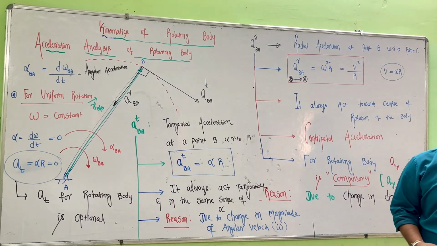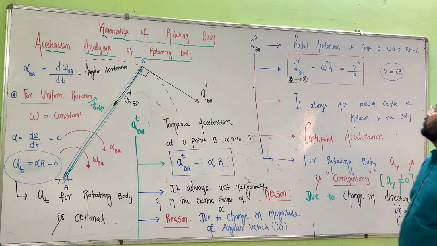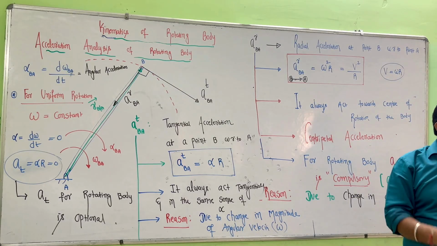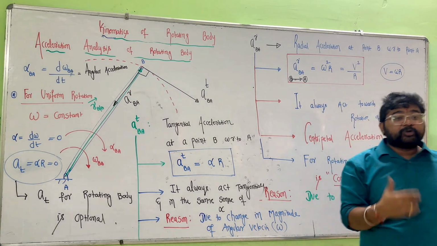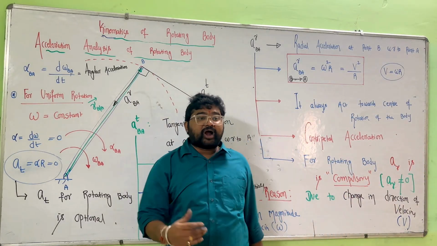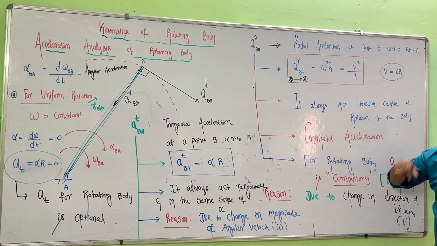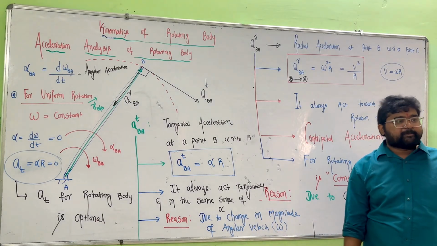And if omega is 0, then the body is not in rotation, so there is no meaning in talking about radial acceleration. If the body is rotating, then radial acceleration is compulsory.